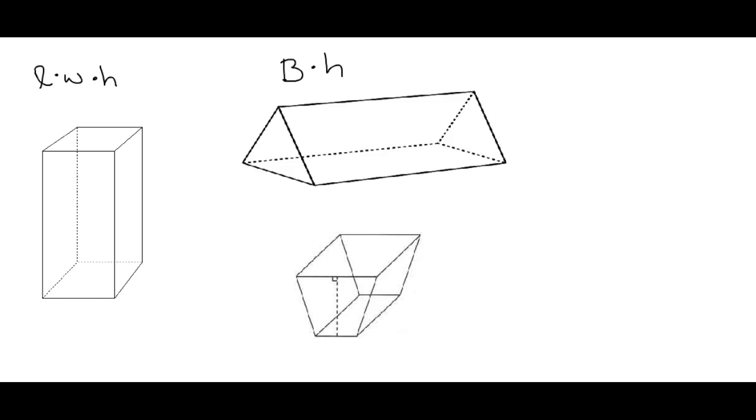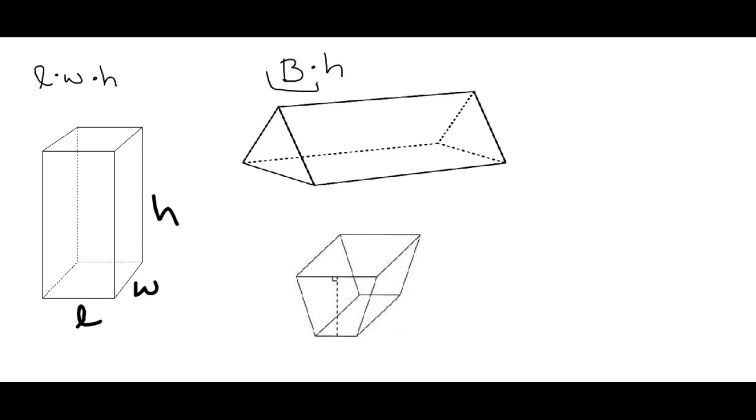Next we have all of our prisms. So the volume of a prism, again, depends on the shape of the prism. If it is a rectangular prism, we have length times width times height. If we have a different shaped prism, again we go with area of the base.